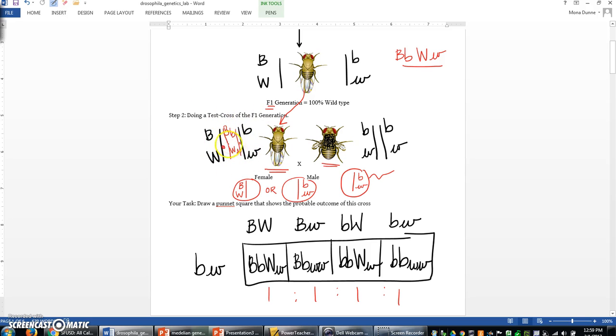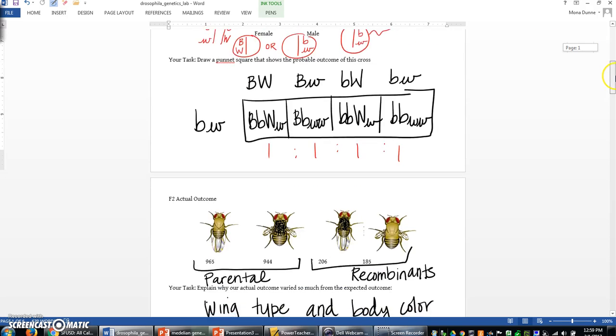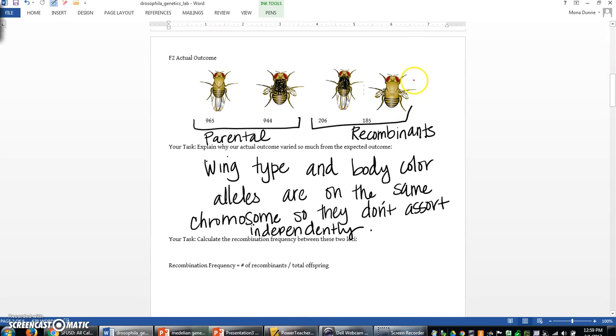There's a chance, and it looks like a fairly small chance, but there is a bit of a chance that these could switch. And so we're going to get a new formation here: the big B and the little w together, and over here the little b and the big W. These could be possible alleles that end up in our eggs. That explains the recombinants. These guys are a result of crossover.